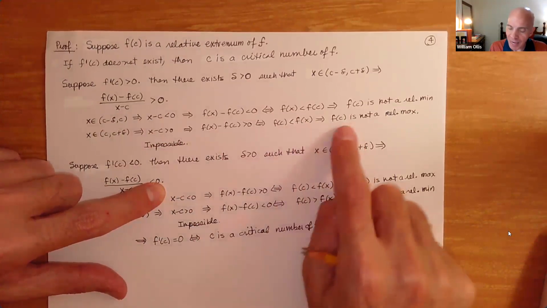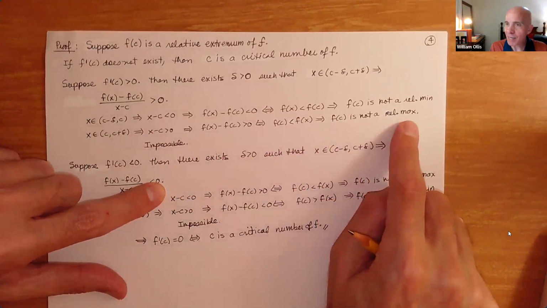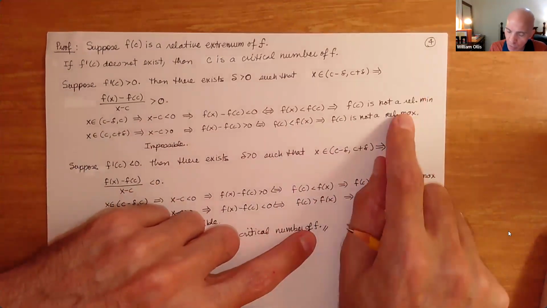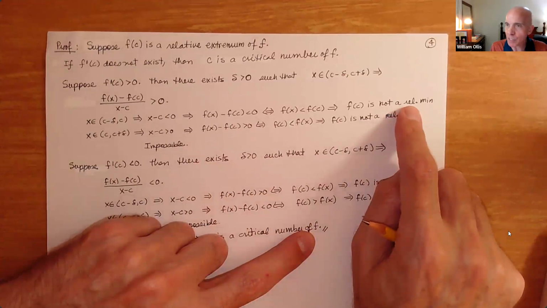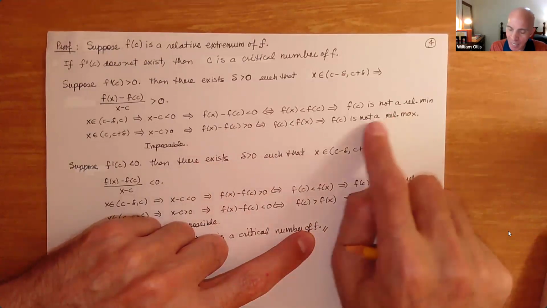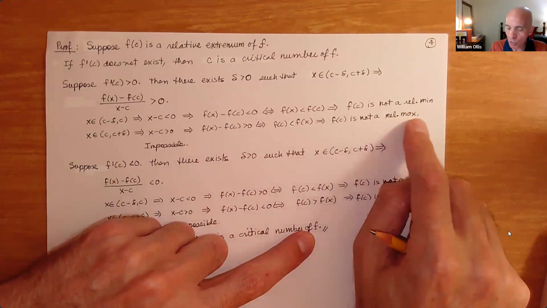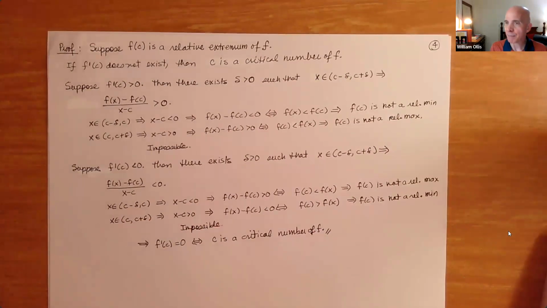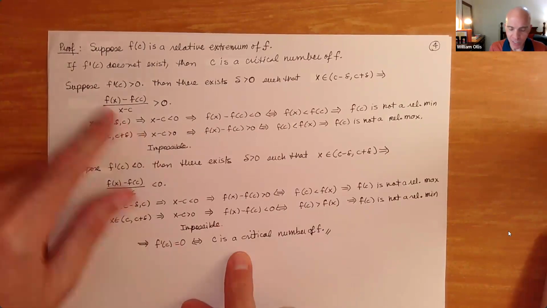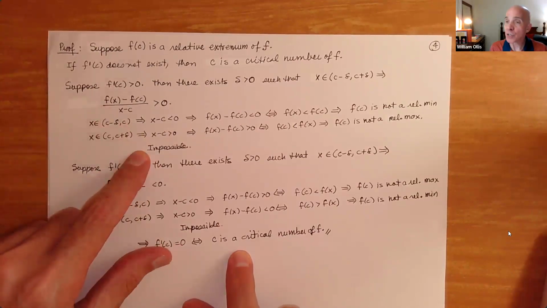So that says f of c is not a relative maximum. Well, between the two of these, it's impossible, because in one case it's not a relative min, so it must be a relative max. In another case, it's not a relative max, so it must be a relative min. Well, those are in opposition. So that case is not going to happen. It's not going to be the case that f prime of c is positive.